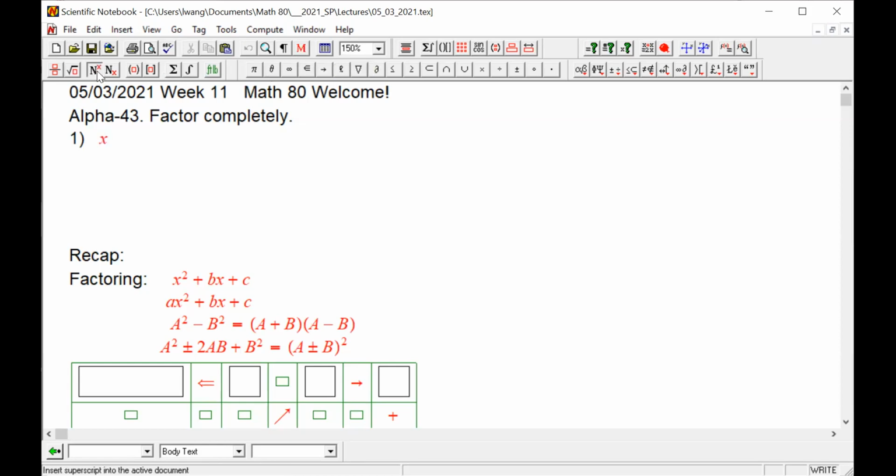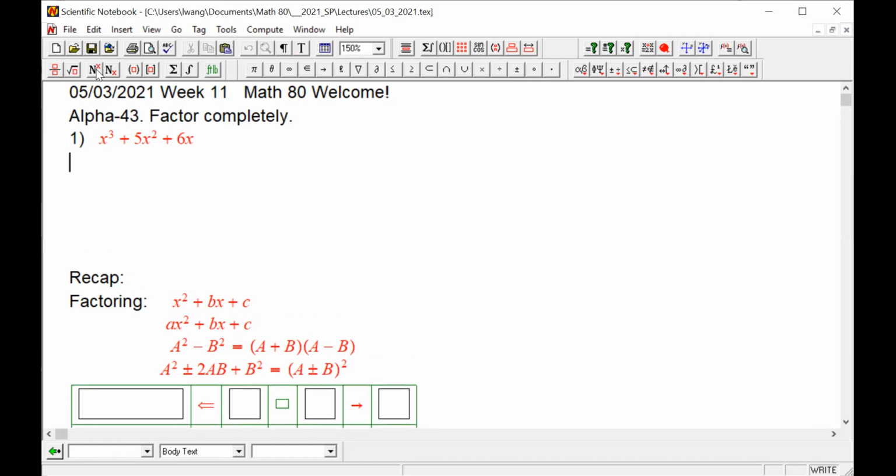Suppose we have x raised to the power 3 plus 5x squared plus 6x. We have three terms here, but it doesn't fit these two forms of trinomial. It has a special characteristic: this is 2, and this is half of 2.